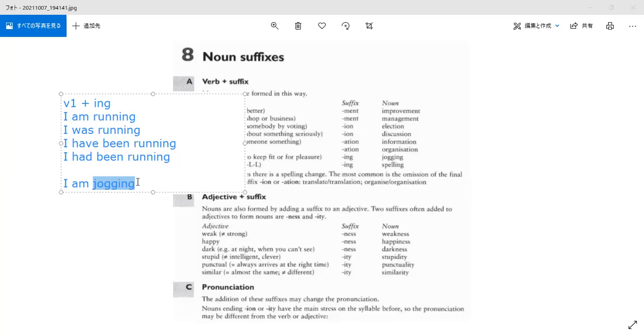Noun with ing, plus ing. So when you are trying to describe something, it's also like a gerund.